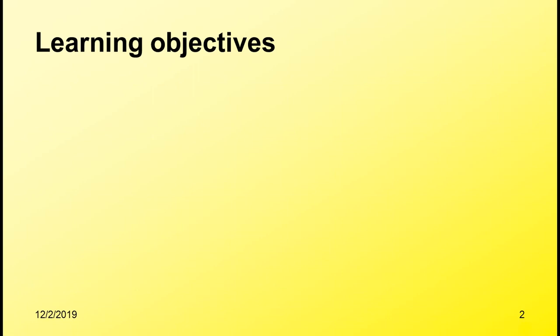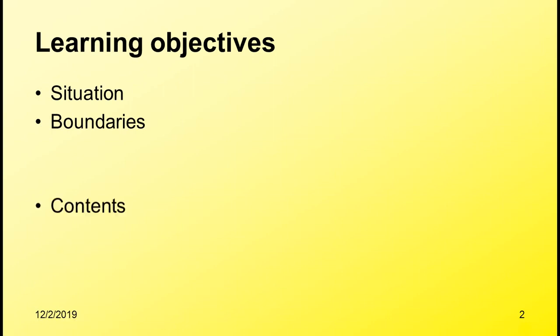With respect to the popliteal fossa, today we are going to discuss mainly the situation where it is present, followed by the boundaries of the popliteal fossa. So, what are the limitations or extent of the popliteal fossa, followed by the contents of the popliteal fossa.